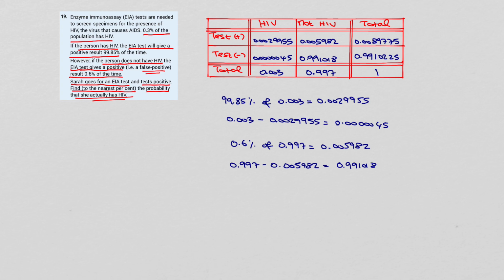Okay, so now if I look at the question, what does it ask me to do? Well, it's asked me to find the probability that she has HIV given that she tests positive.